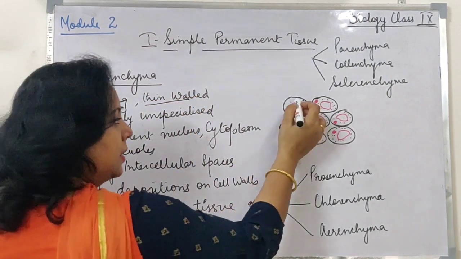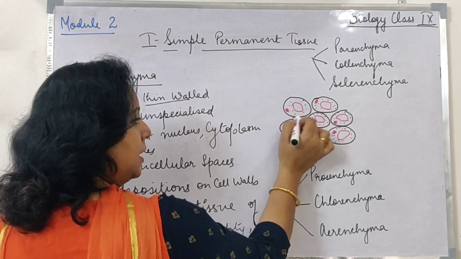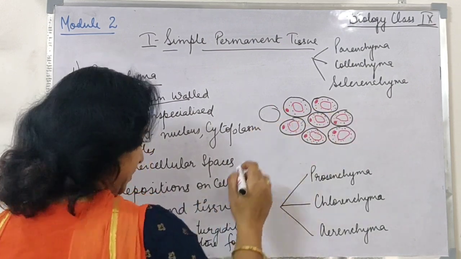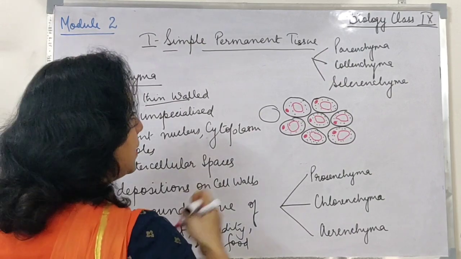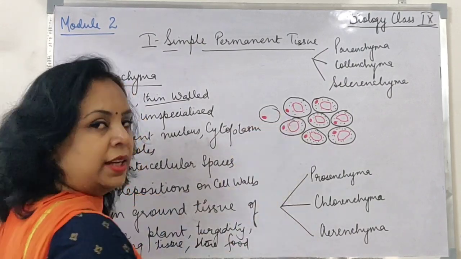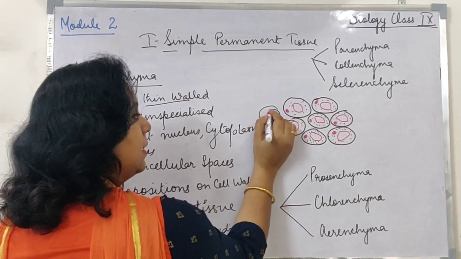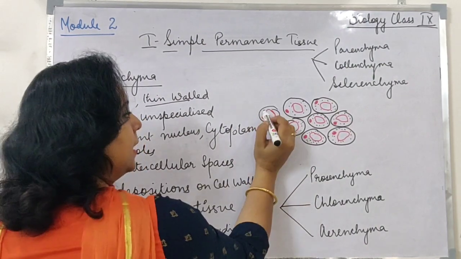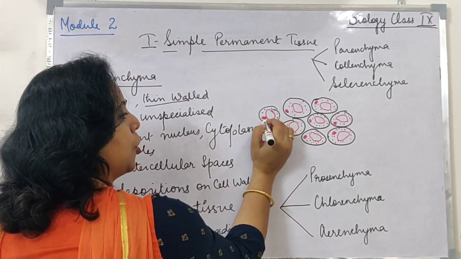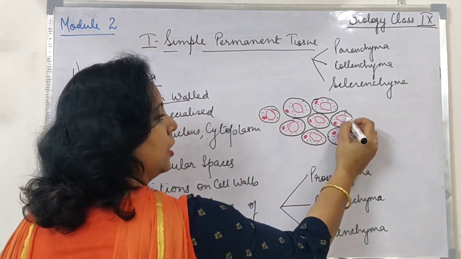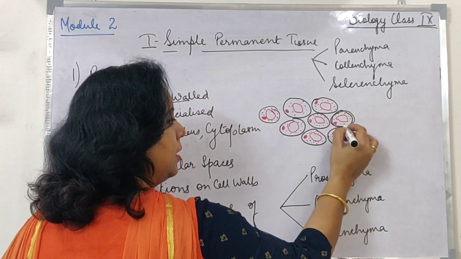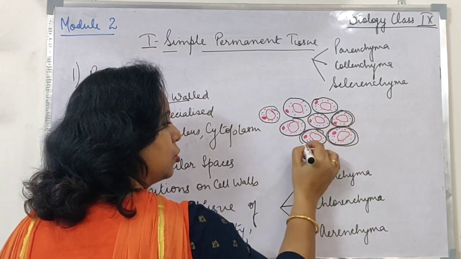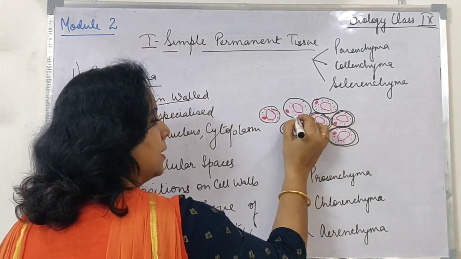Now if you see the cells, I have made the nucleus. These are simple cells, as the name indicates. Simple parenchyma, simple permanent. It has got a nucleus, which means that it is a living cell, and it has got a prominent vacuole. I will be drawing two layers to show that these are plant cells.